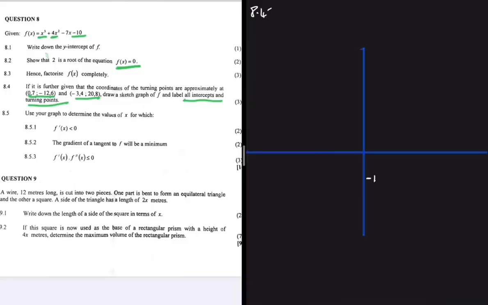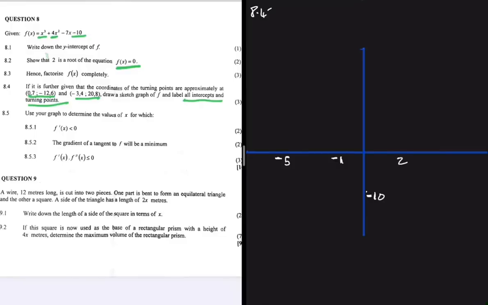So we are interested at this point. Let me just take it a bit down. So we have minus 10 here, and then let's go to the x-intercepts. We have one at minus 5, and then we have another one at minus 1, and we have another one at 2. So those are our intercepts.